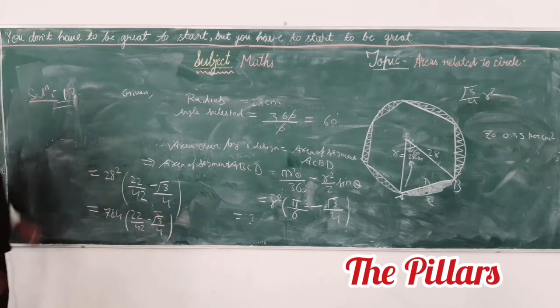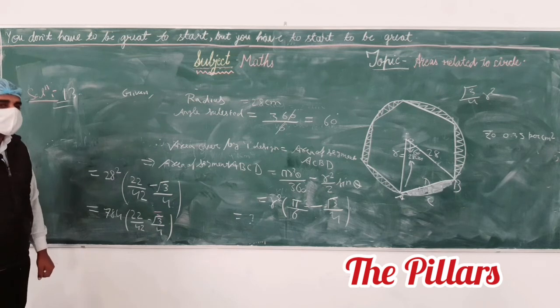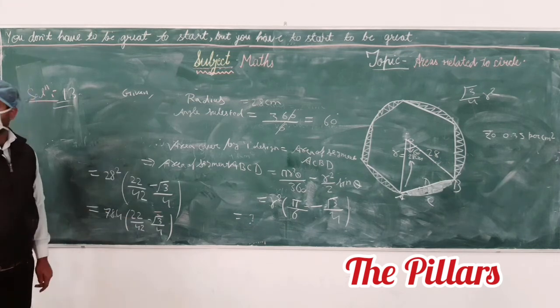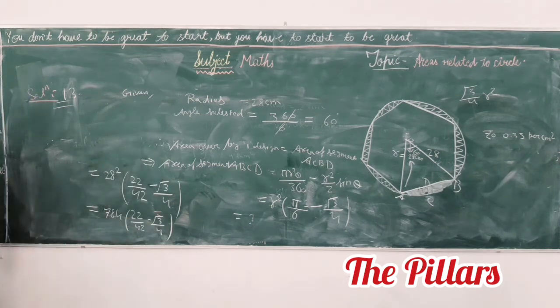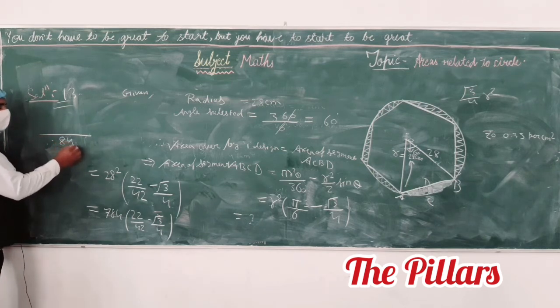LCM of 4 and 42. Don't worry, 42 and 4, the LCM is 84.